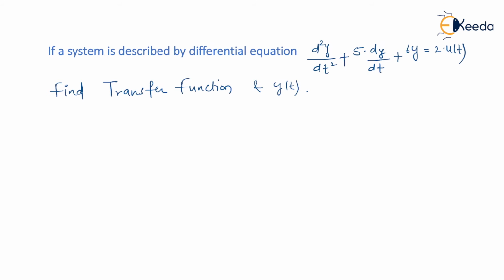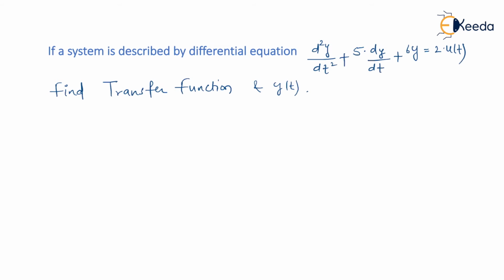If a system is described by a differential equation, and some differential equation is given, find the transfer function and y of t. Now, we already know that if the differential equation is given, then initial conditions should be compulsorily given. Am I right? But since they are asking about a transfer function, and if you remember the condition for the transfer function, the initial conditions must be 0.